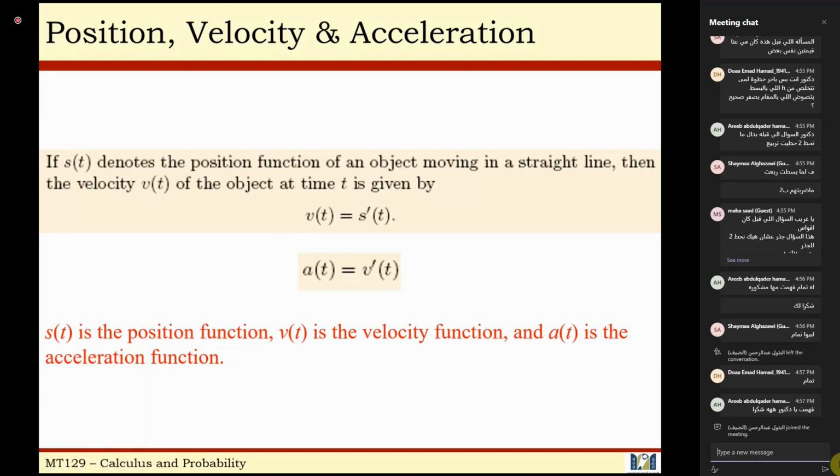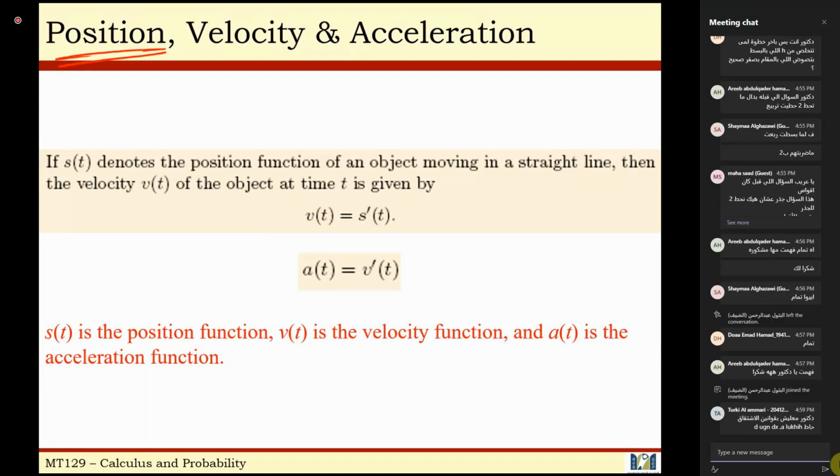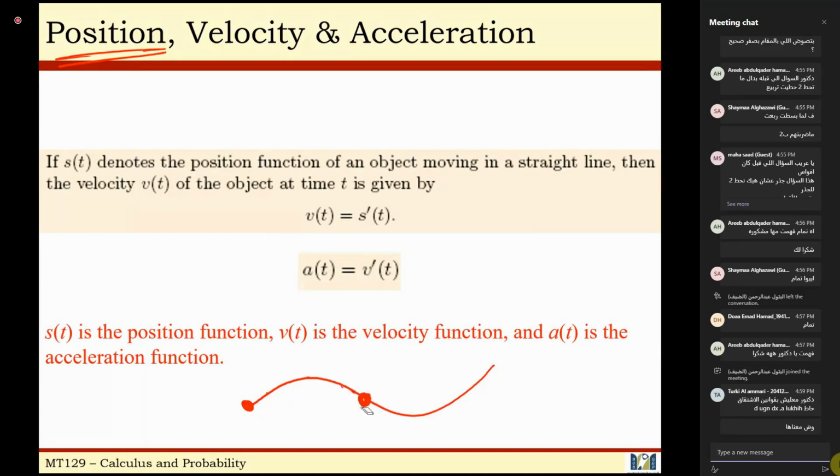To understand it better: if we have a path and an object moving along this path, for example, the object reaches a point at time t, and it started at initial time t naught.